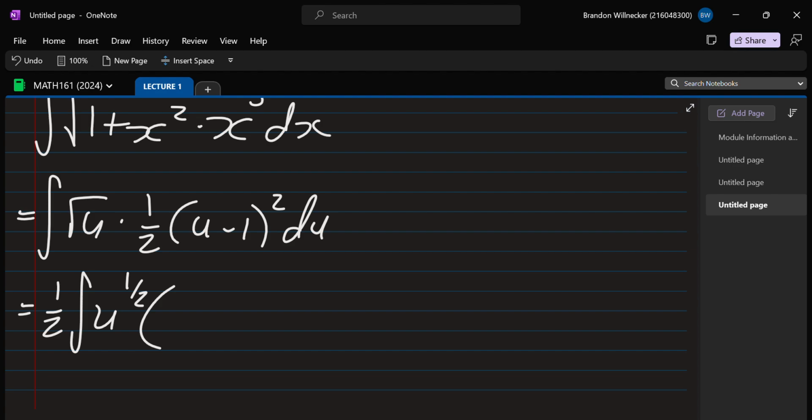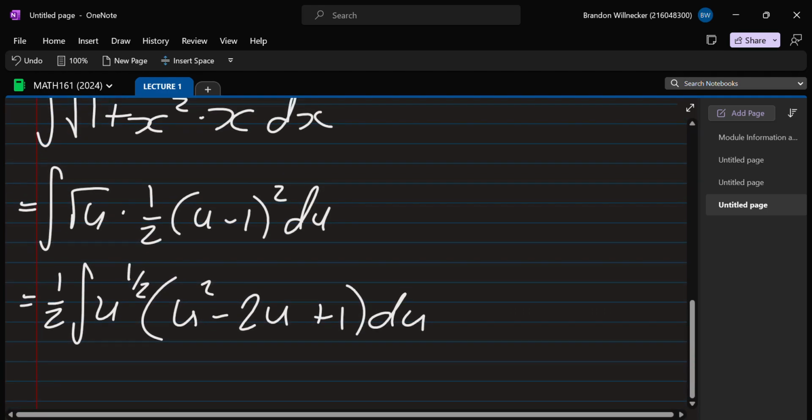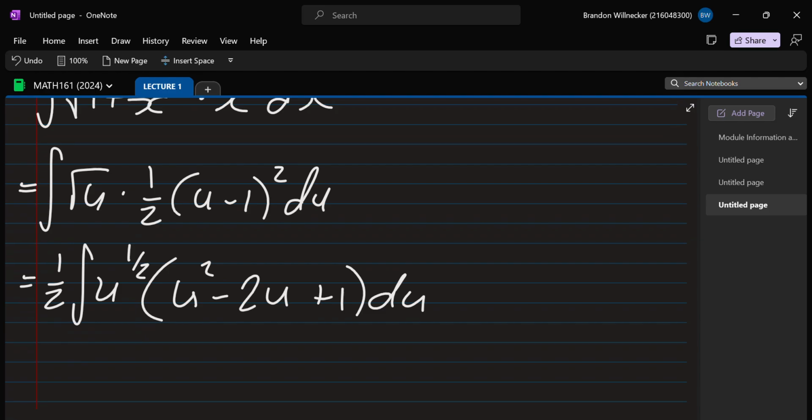Let's expand it out. So just binomial, we're going to have u squared minus 2u plus 1. Again, doesn't look any easier than what we had before, but let's multiply the u to the 1/2 inside.